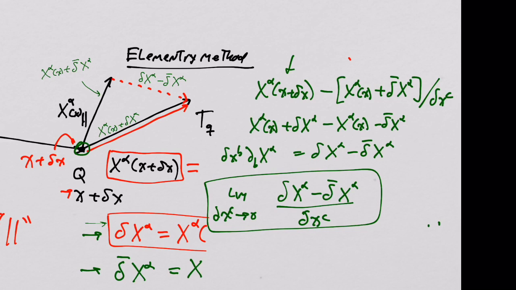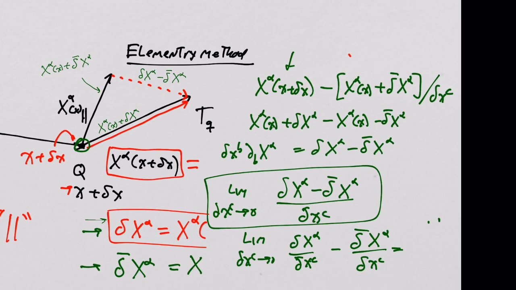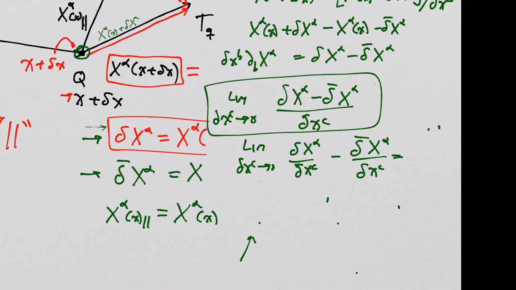Well, we can split this up and we can ultimately get the limit as delta x c goes to 0 of delta x alpha over delta x c minus delta bar x alpha over delta x c, like that. But this thing is not too hard to see.